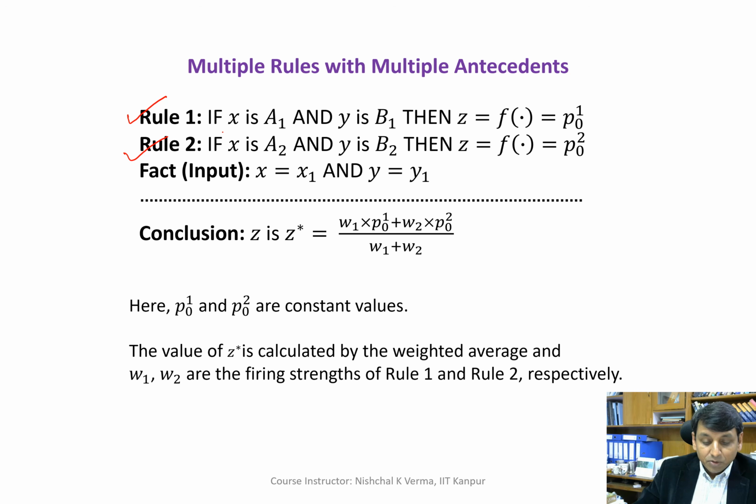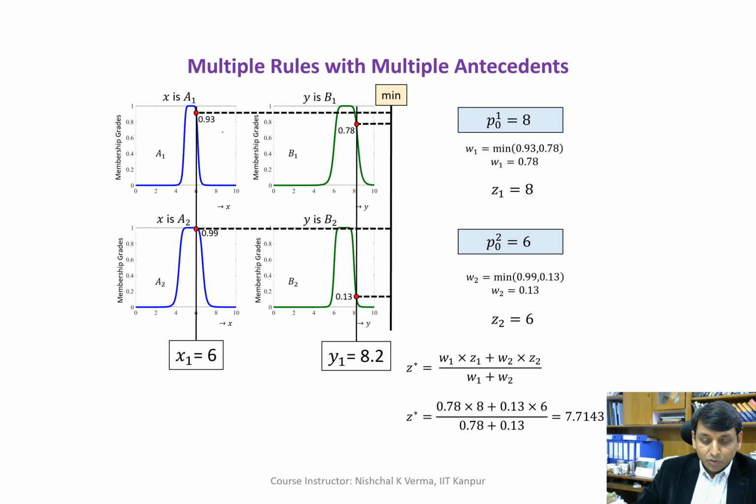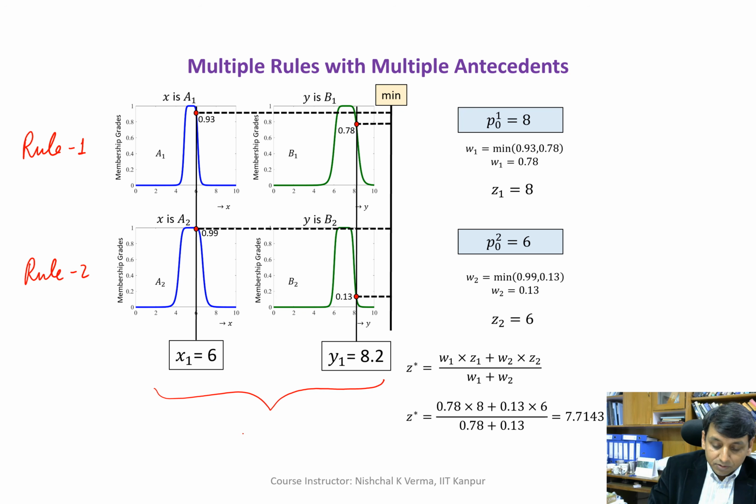So let us proceed with this model having two rules and two antecedents. We have rule number 1 here and rule number 2 here, and we are now giving the input to the model.